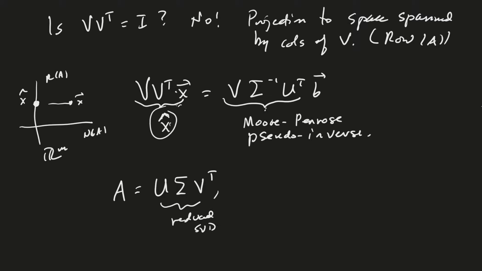By that I mean rank K. Then you construct the Moore-Penrose pseudo-inverse by taking A dagger, and that's equal to V sigma inverse U transpose. So notice that you go in reverse order and take the inverse of the sigma. Good. And so again, that's called the Moore-Penrose pseudo-inverse.